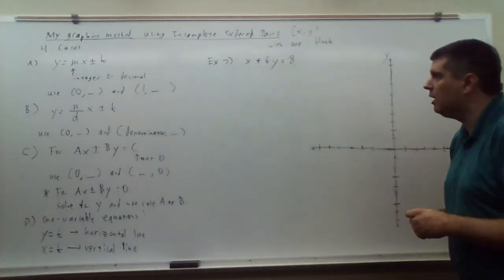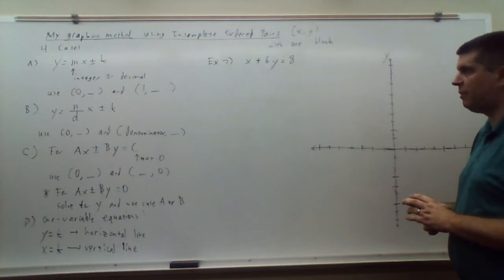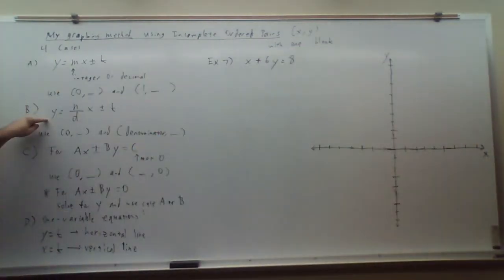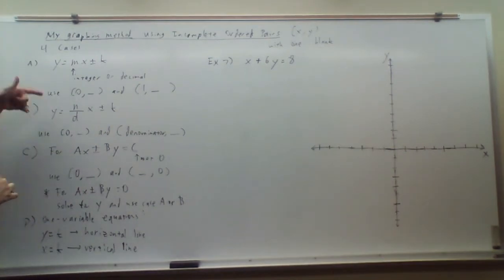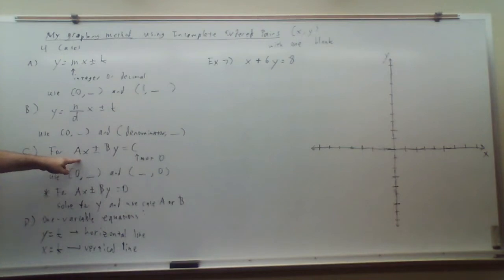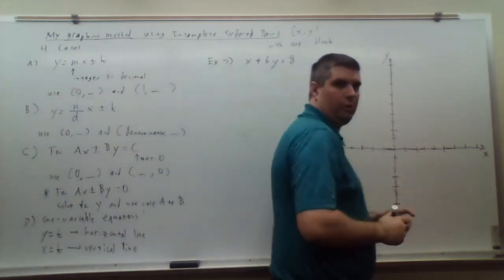I'm going to have to look down the list of possibilities. I don't have y equals or x equals, so I'm not going to be using that. Next, I'll look at this one. Is it something x plus or minus something y equals a non-zero value? Yes, this is case C. 1x plus 6y equals a non-zero value.